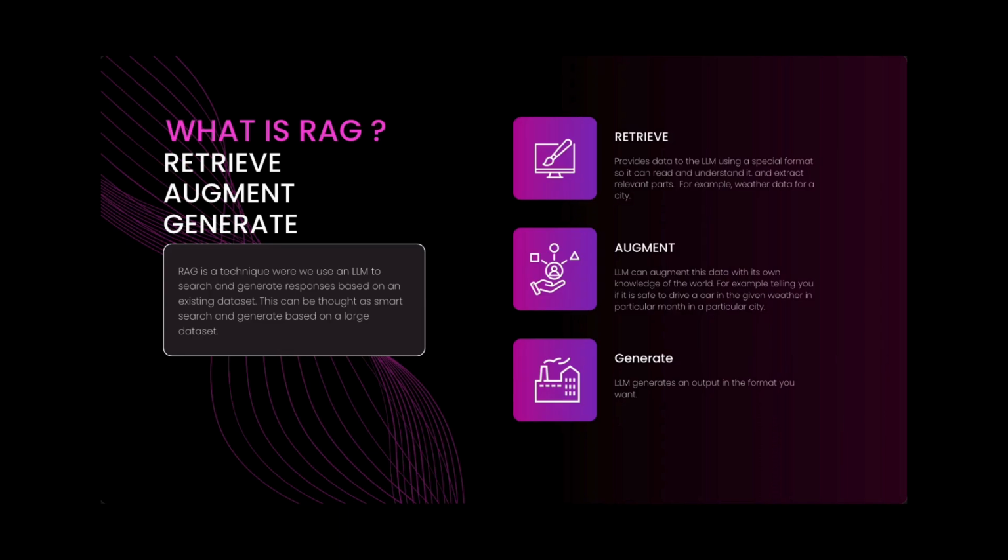In this case, we manually retrieve the document, provide it to the LLM, and the LLM generates an output. The LLM uses its own training to understand the provided document. This is called augmentation. The final step is generation. So this is what RAG stands for. Retrieve your private data. Augment the knowledge in the data with the knowledge of the model.